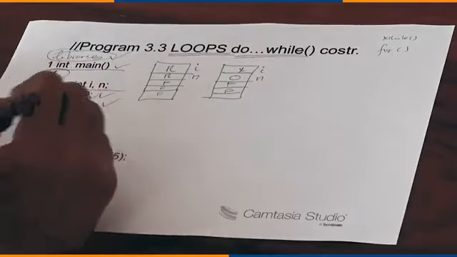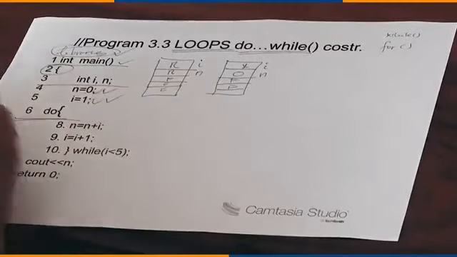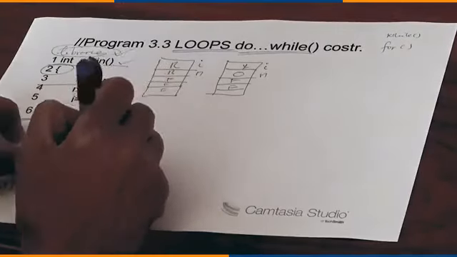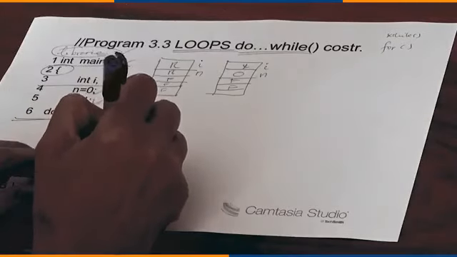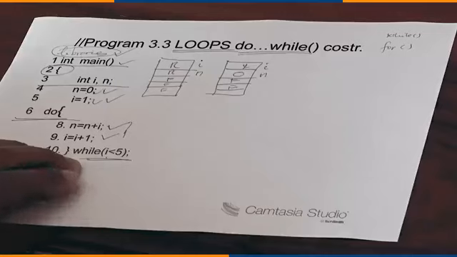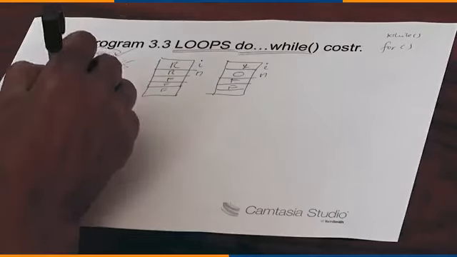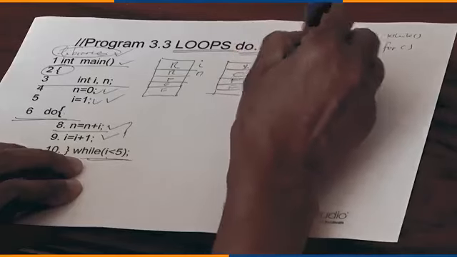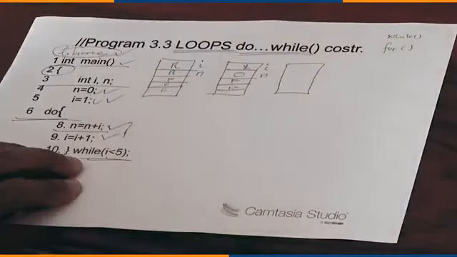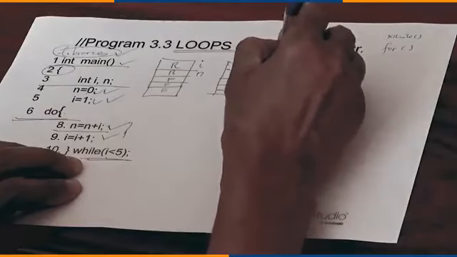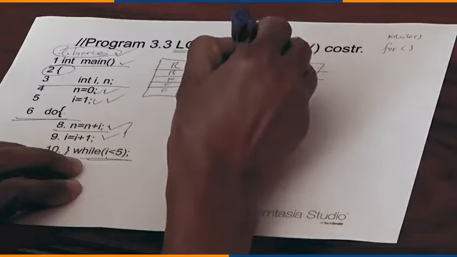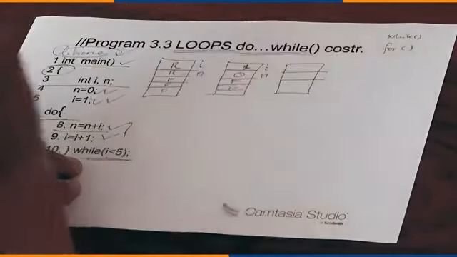At line number 6, there is this keyword do. Do what? Do number 8, number 9, while I is less than 5. That this must be done. But now, the computer, after seeing do, will come to line number 8. n equals n plus I. So line number 8 will be executed without condition. n equals n plus I, that is 0 plus 1.